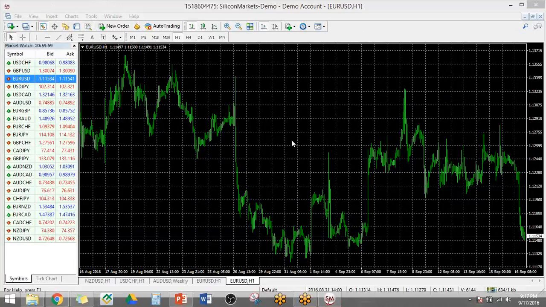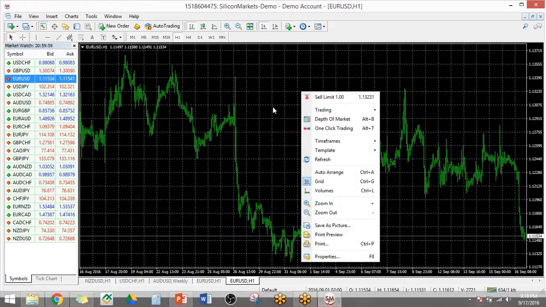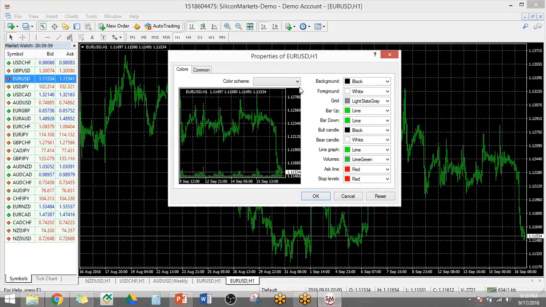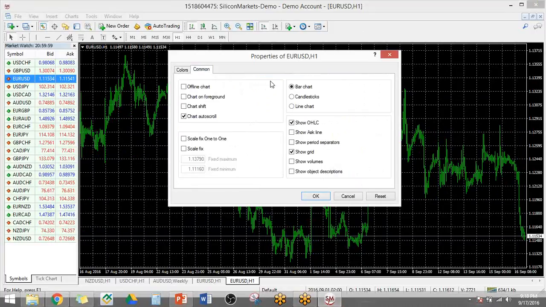Anyway, so we have the Euro USD chart here, and this is what it's gonna look like. So it's black and green. I already taught in the previous session how to change the properties of our chart. So personally, I like it black and white so that it's much cleaner.